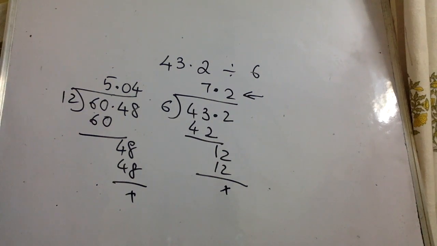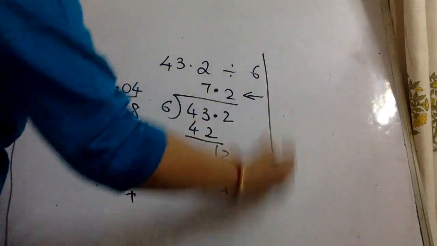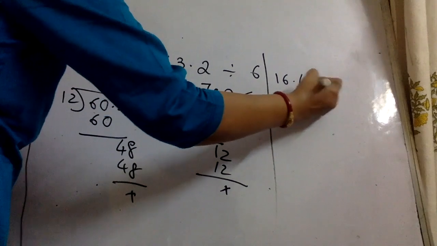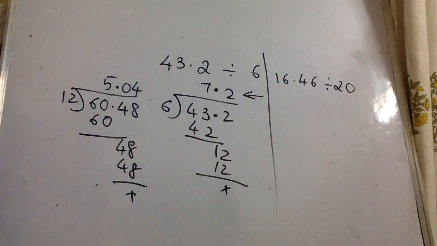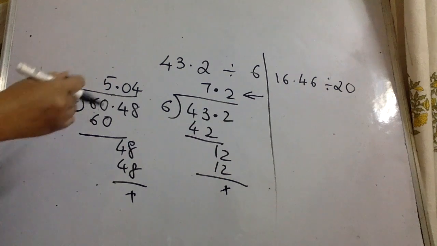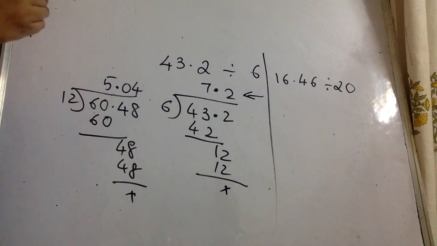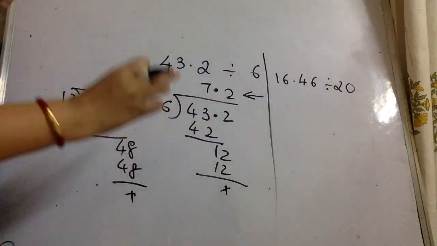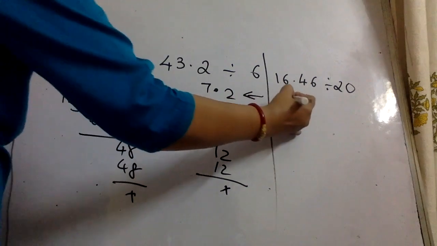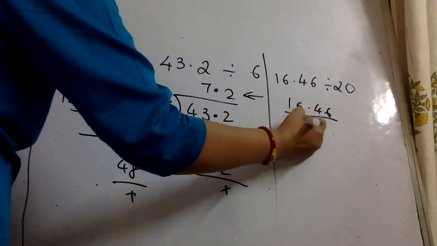Now, if you have something like, I'll teach you a shortcut here, 16.46 divided by 20. Now what to do about this? We can actually divide by 10 because this 20 means 2 into 10. So 16.46 divided by 2 into 10.